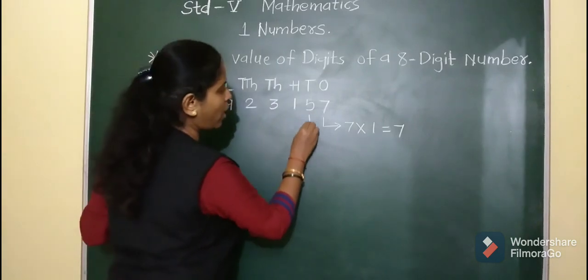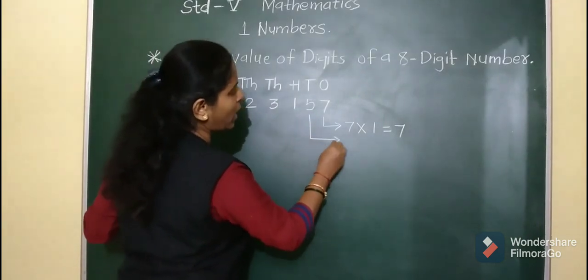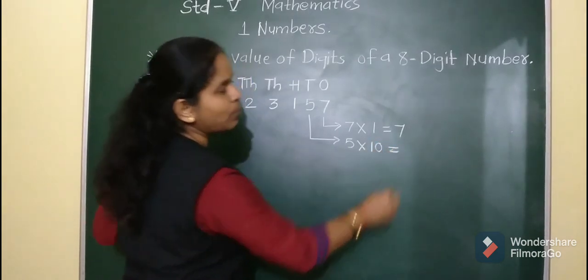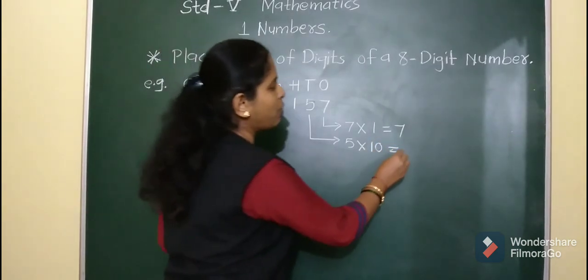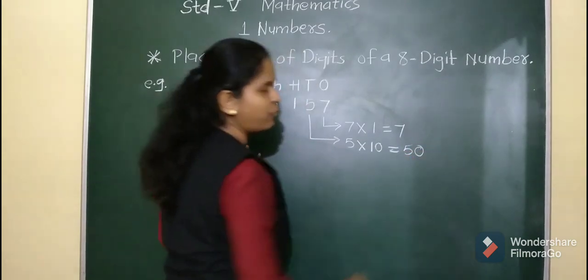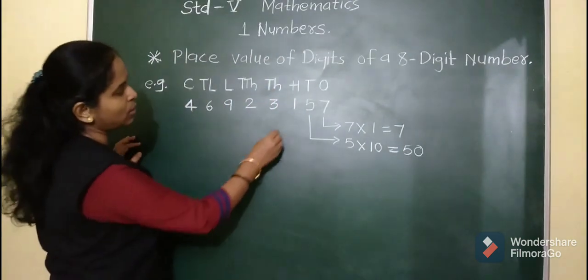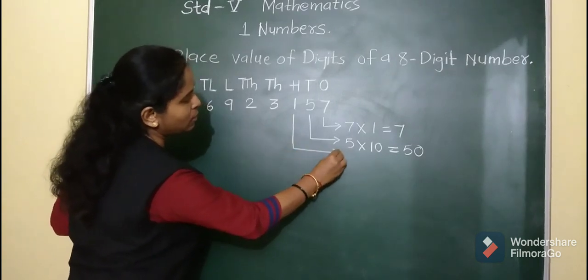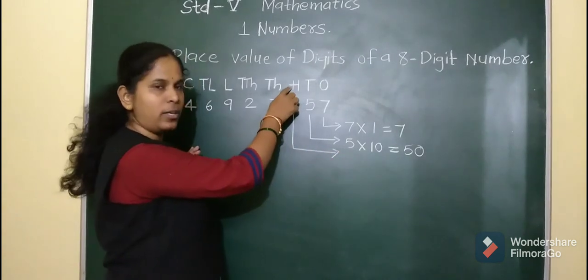Next is 5. 5 is at tens place. So the place value of 5 is 5 tens are 50. Next, digit 1. Digit 1 is at hundreds place.